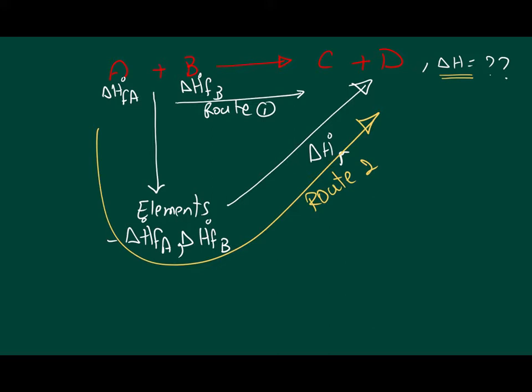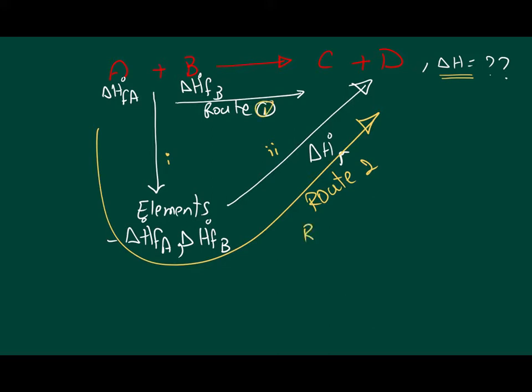But if we don't have that, you can also calculate delta H from the reverse of the enthalpies of formation of A and B, and here for the second route of reaction. The second route has two steps, step 1 and step 2, and in the first route, the reaction happened in only one step.